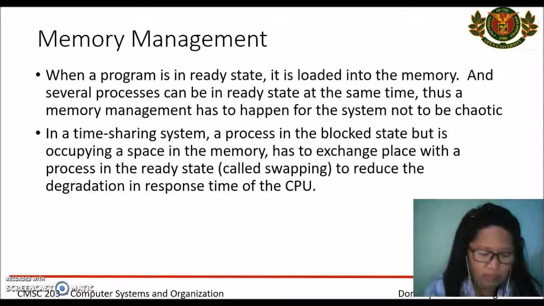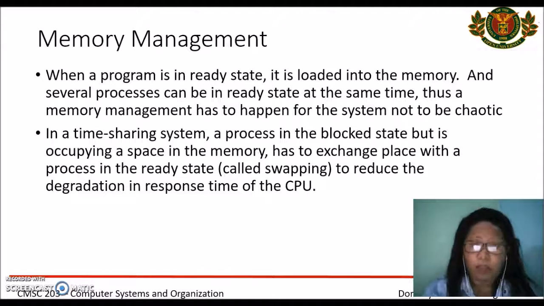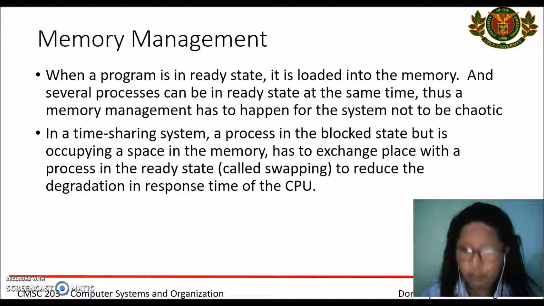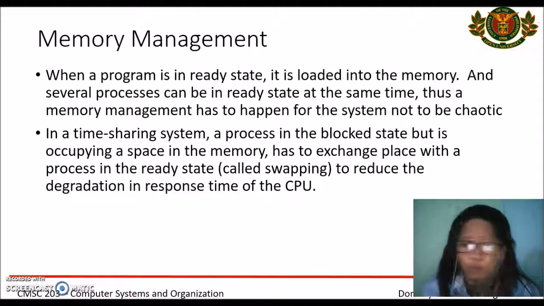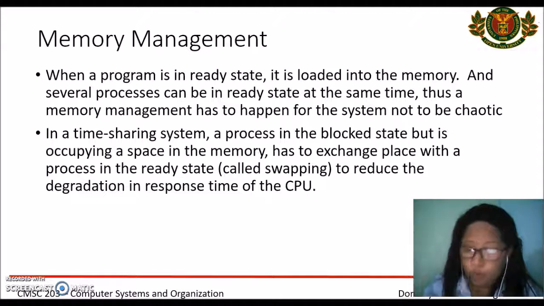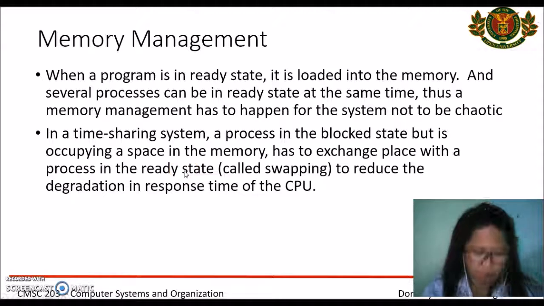This is a task of the memory manager, to determine which ready processes should be allocated memory for the CPU to process. When a program is in the ready state, it is loaded into memory for the CPU to process, and the memory manager decides which process to load first, so that the system will not be chaotic.